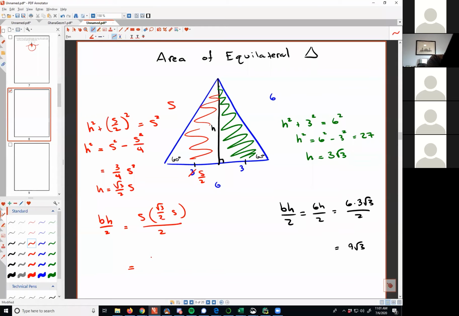And that gives us a formula: s squared root 3 over 4. So some of you knew this formula already. For those of you who didn't, you have it now, but most importantly, you know how to derive it. If you ever forget, you can always just walk through the same computations here.